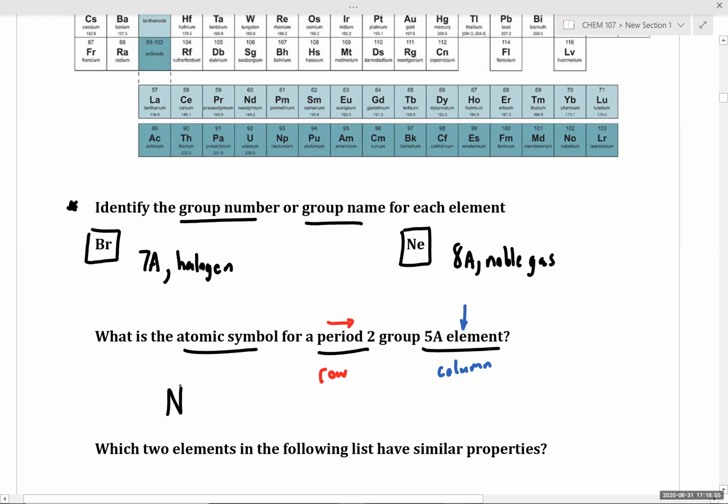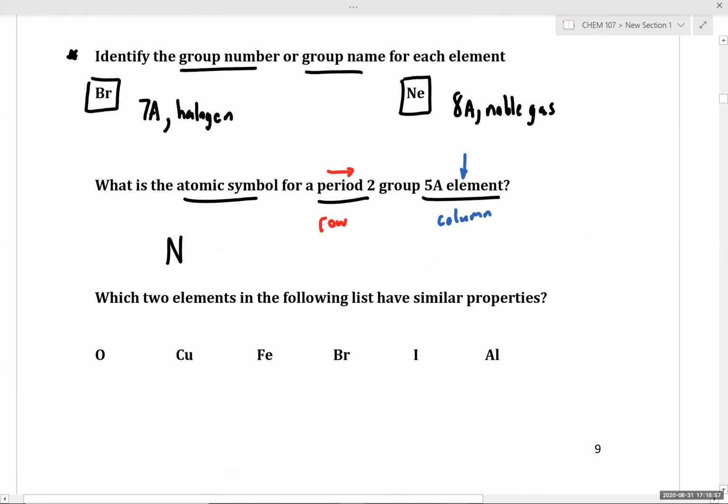Okay, and let's look at the last type of example. We're asked to identify which of the following 2 elements in the list have similar properties. When we're discussing similar properties and reactivity, what we're really looking for is group, because the periodic table is organized in groups of elements, columns of elements with similar properties and reactivity.